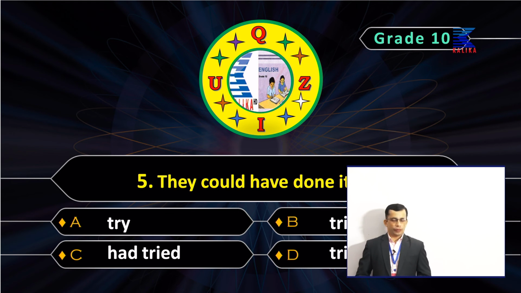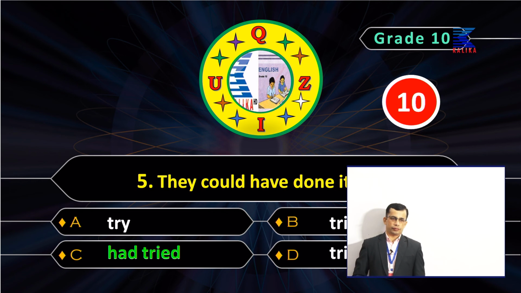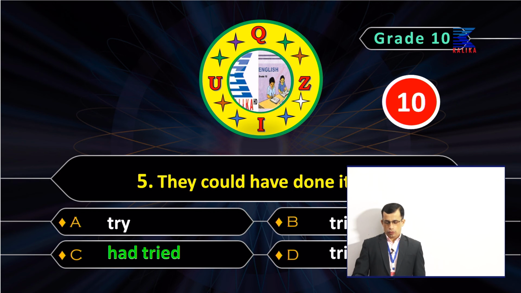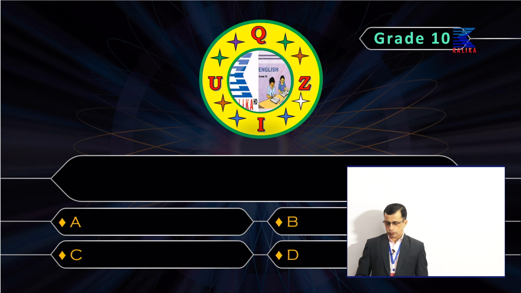See, try, tried, had tried, tries. Okay, past perfect had tried, because in main clause you can see could have plus verb 3. Okay, next question.